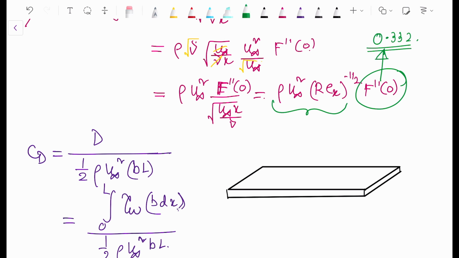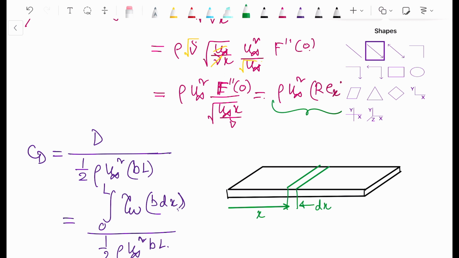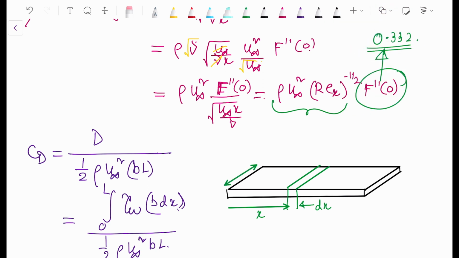If I take at a distance x some element dx, and this width is b, and this total length is l. So this area is b dx.